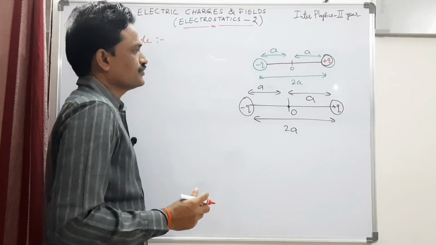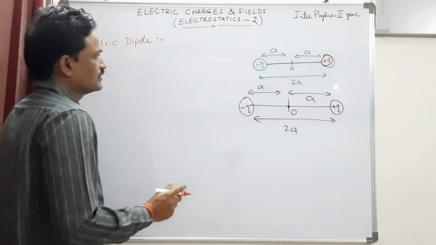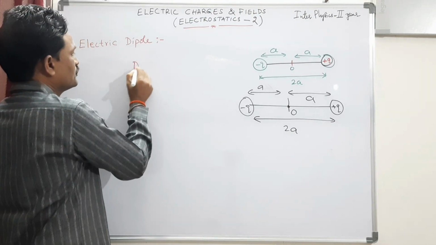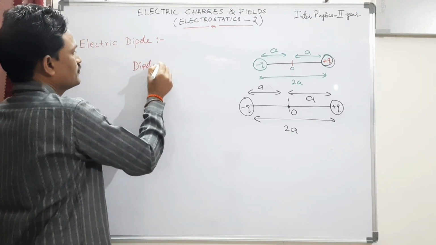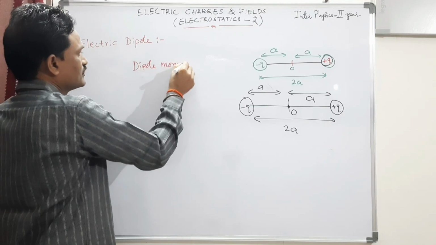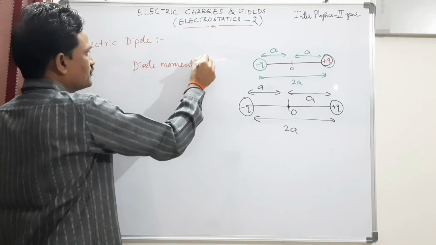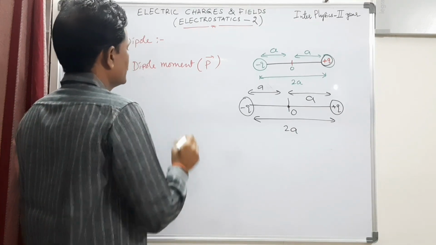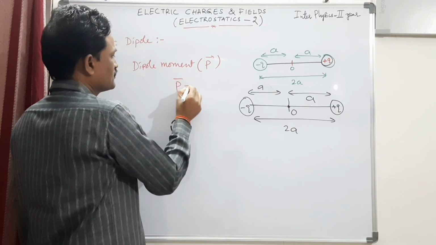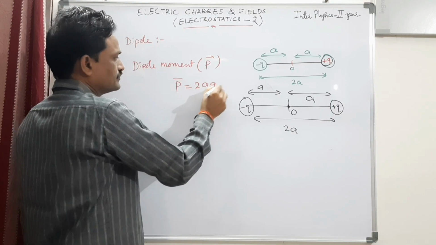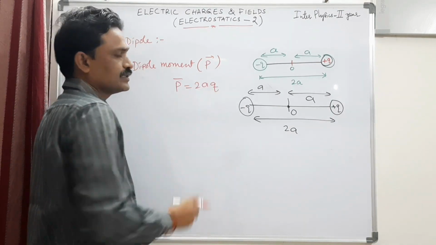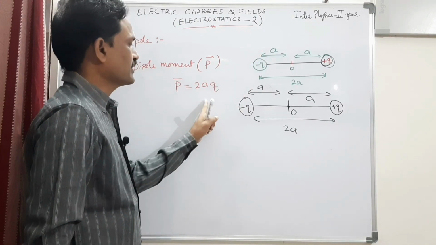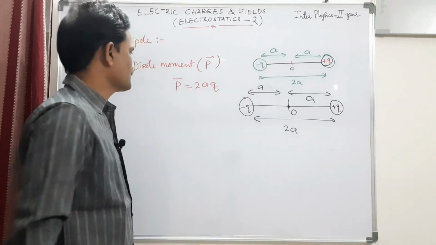There is another physical quantity that we define in the case of an electric dipole, called electric dipole moment. What do you mean by electric dipole moment? Dipole moment is indicated by the letter p and it is a vector quantity. It is defined as p equals 2aq, where 2a is the length of the dipole and q is the magnitude of the charge of the two charges.